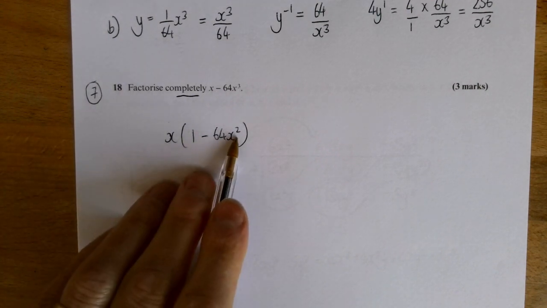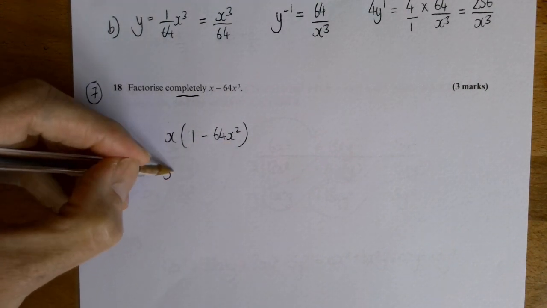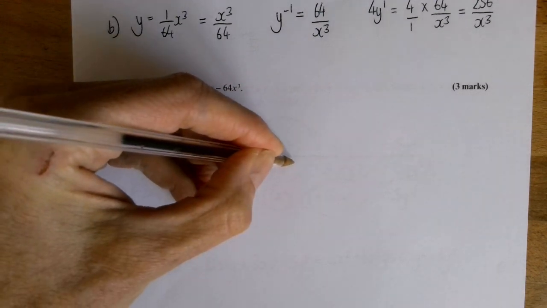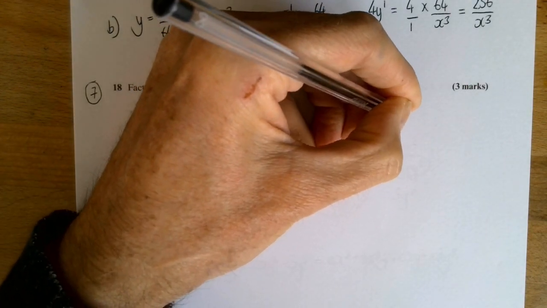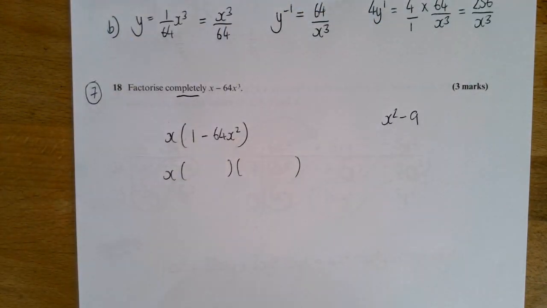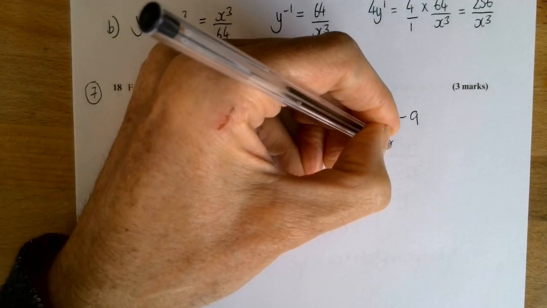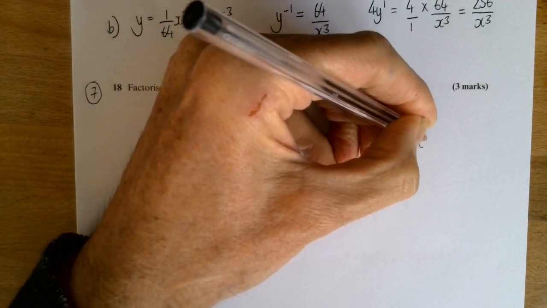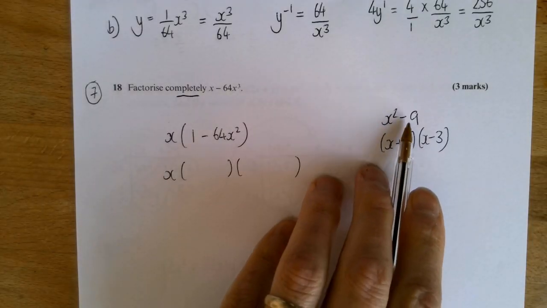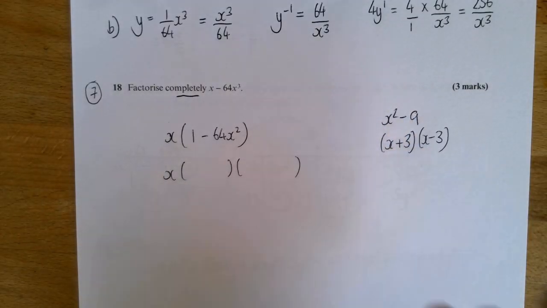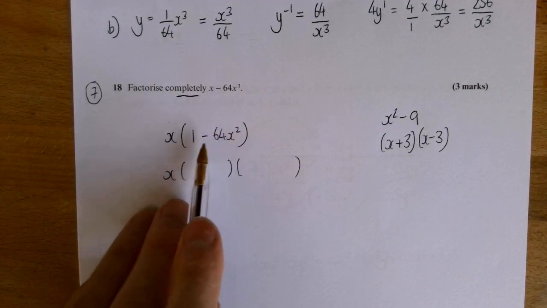Well, this is a quadratic. And before I try and factorise that, can I remind you about factorising things like this? Do you remember we call these difference of two squares? So you get x plus 3, x minus 3. So whenever you've got something squared, take away something else squared, you can factorise it like that. That's what we've got here.